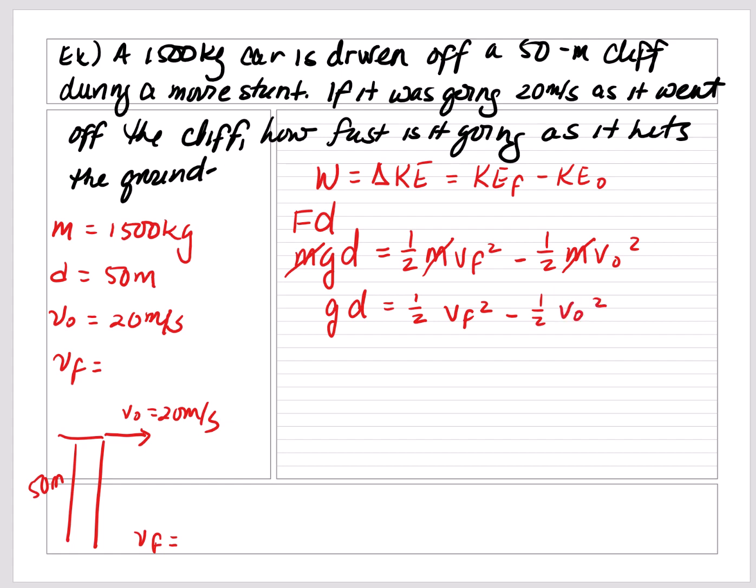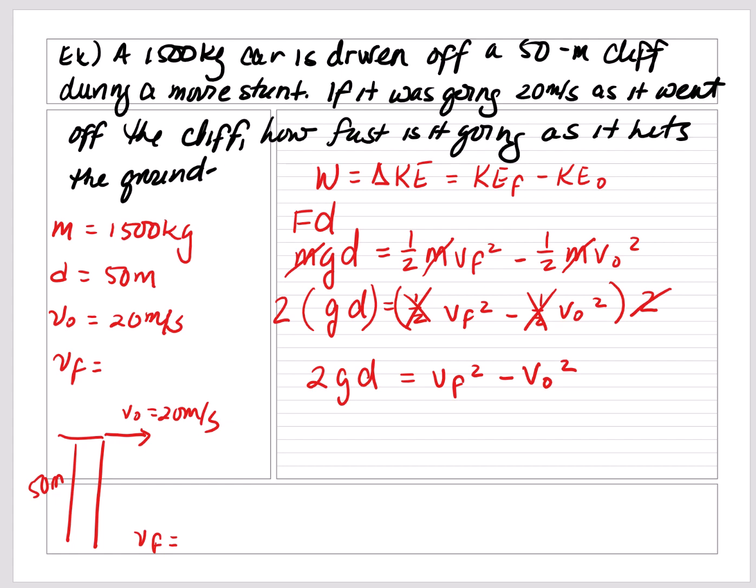I could factor out a half, or I can multiply everything by 2. So if I multiply this part by 2, because the opposite of division is multiplication, I need to multiply the left side by 2. The halves cancel out here, and so it becomes 2 g d equals v final squared minus v initial squared.